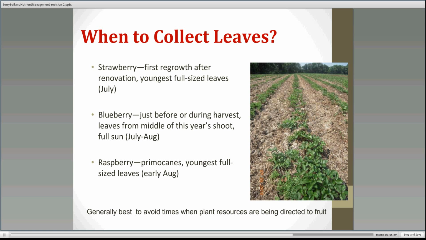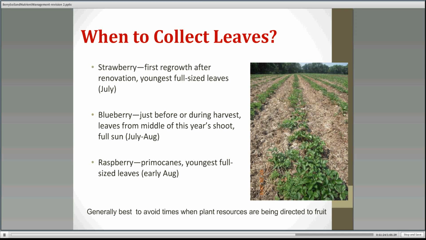For blueberries, these leaves are collected just before or during harvest, and you're sampling from fully expanded mature leaves from the middle of this year's shoot growth, and those that are exposed to full sun. Typically, these are collected in late July and early August. For raspberries and blackberries, you're collecting leaves from the primocanes, and you're looking for the youngest fully expanded leaves. Typically, they're collected in early August.